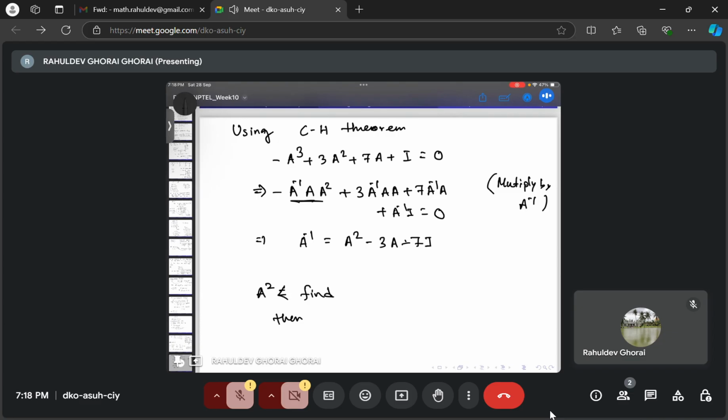So you then just calculate A squared plus 3A plus 7 identity, which is the inverse of the matrix. See, for a 3 by 3 matrix, it becomes another different way you can find the inverse of the matrix without going by the adjoint and all.